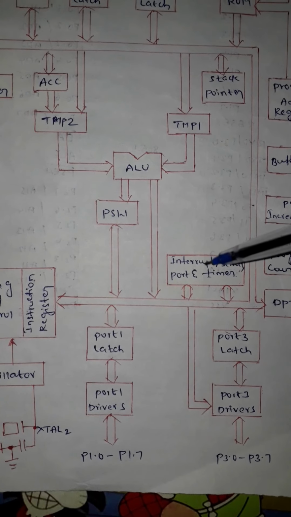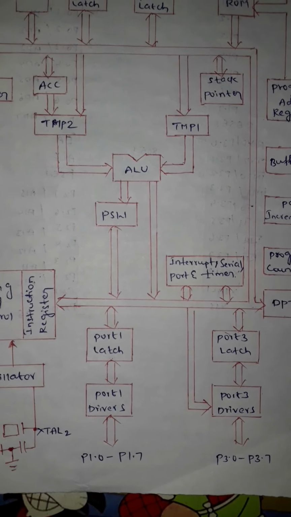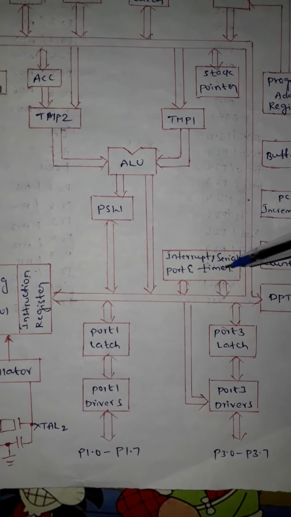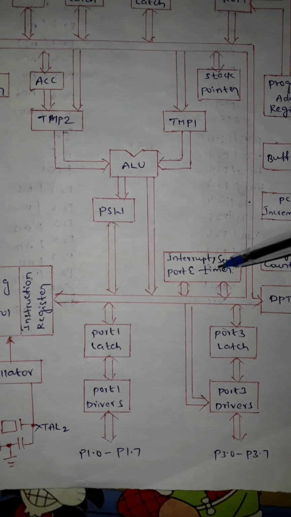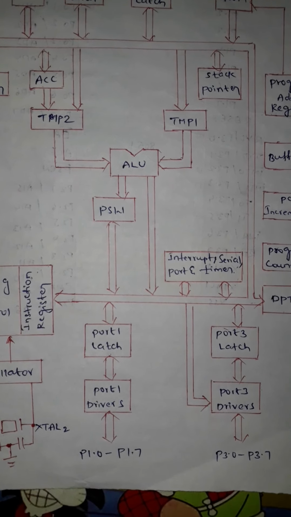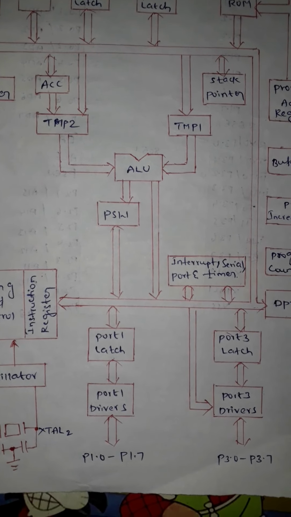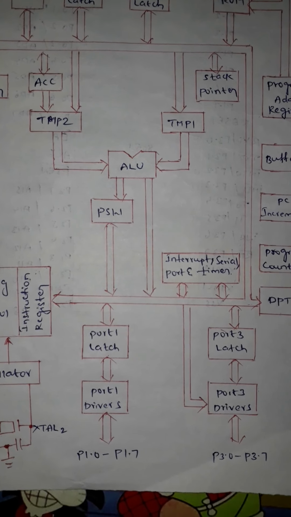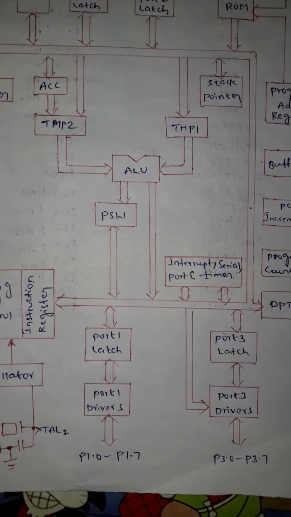It has serial registers for control of the serial port, and also has two 16-bit timers. Those timers can be configured and controlled with the help of the timer registers. We'll discuss the timers and serial data transfer in our other video lectures.